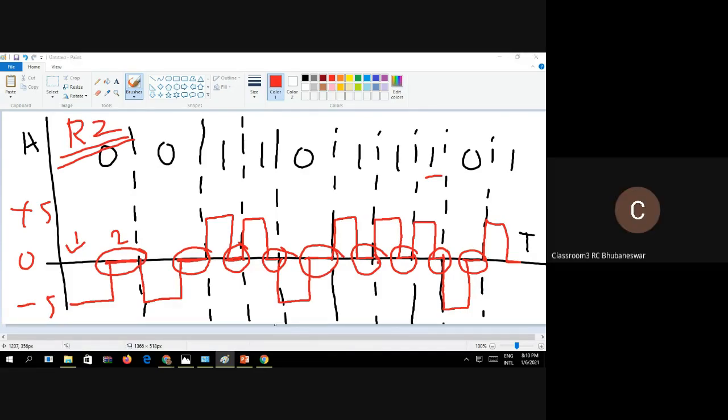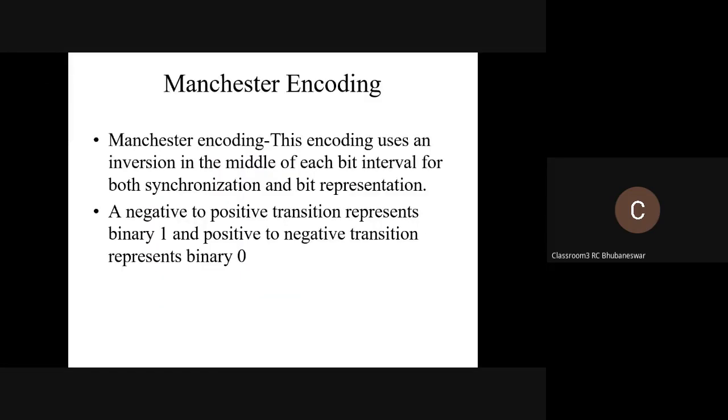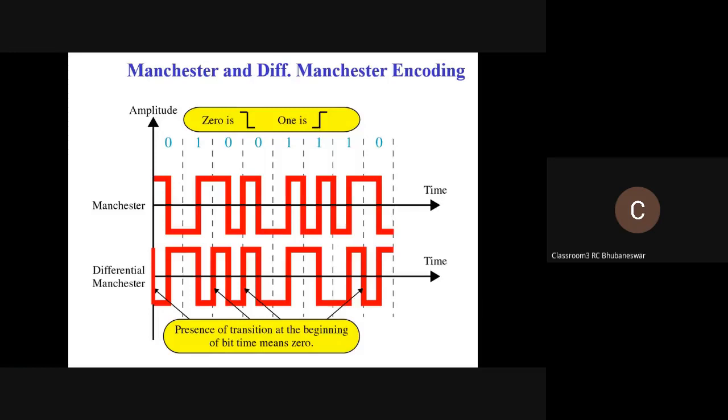There are another two schemes in digital encoding. One is the Manchester scheme and another is the differential Manchester scheme. In the assignment also, you will find they are giving Manchester and differential Manchester. In real life, for digital to digital encoding, we use these.